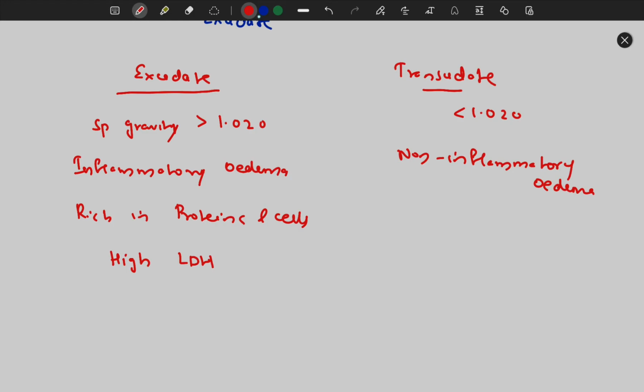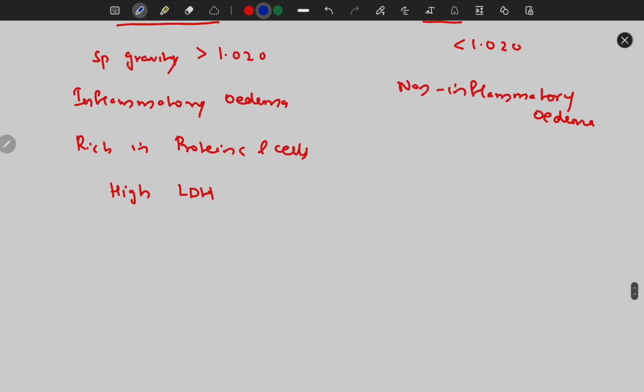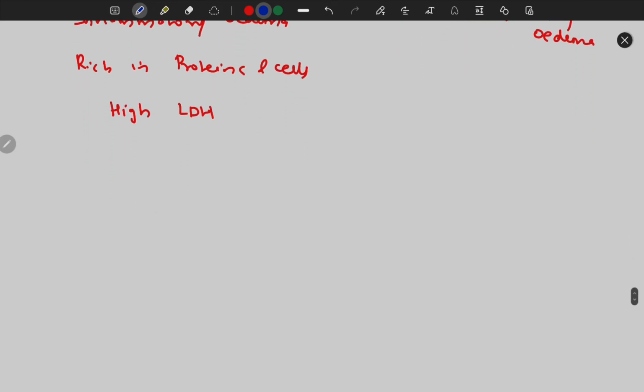Now discussing the mechanism of increased vascular permeability. What is the mechanism of increased vascular permeability?